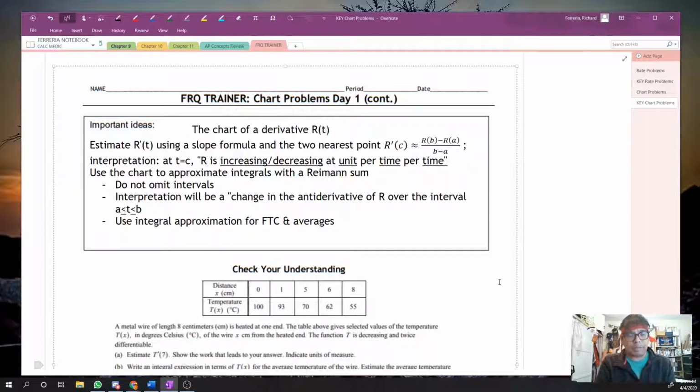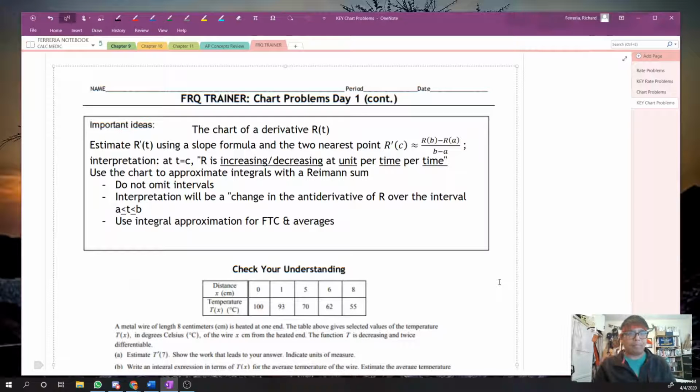Remember, the derivative is a slope, so using a slope formula to estimate the derivative really shouldn't be that strange to you. The interpretation here is r, whatever the context for r is, is increasing or decreasing depending on positivity or negativity, at whatever the unit is per time. Okay?